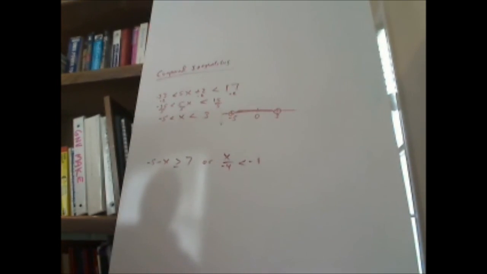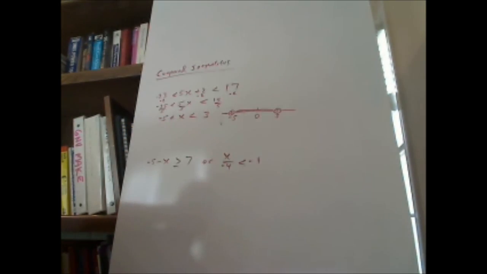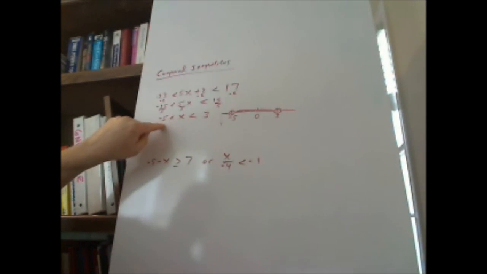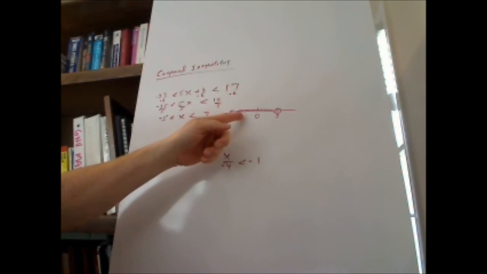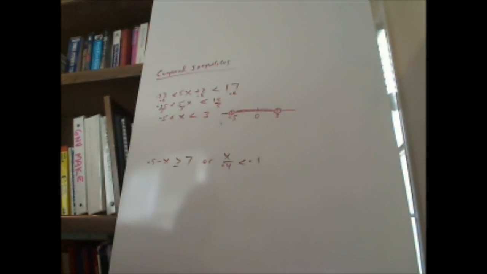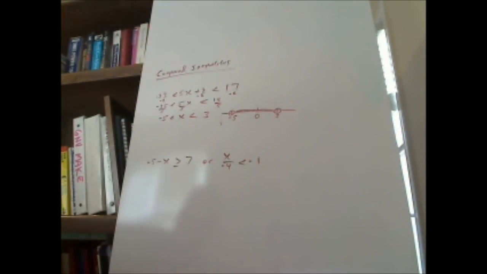So check and see, does this make sense? Well, if x is 0, for example, is 0 less than 3? Yep. Is it greater than minus 5? Yep. So it's a solution. Let's see, I don't know, number minus 4. Minus 4 is less than 3. Minus 4 is greater than minus 5.